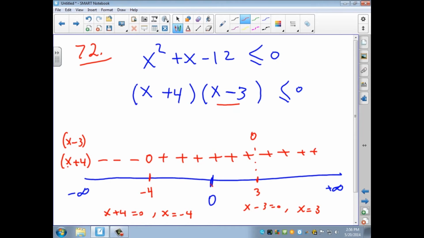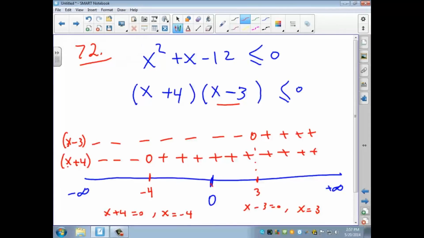Then you ask yourself, what if x is less than 3, such as 0? Would it be positive or negative? Well, x is 0, it would be 0 minus 3, it would be negative. So to the left, everything would be negative. To the right, everything would be positive. Finally, the product, which is x plus 4 times x minus 3.